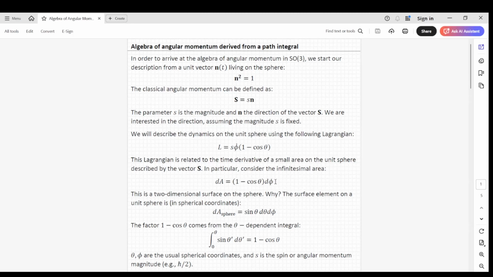And why? Well, the surface element on a unit sphere in spherical coordinates is the following. We have sine theta d theta d phi. So it is just a small element on the sphere. And we are going to integrate over theta, from 0 to a generic theta.